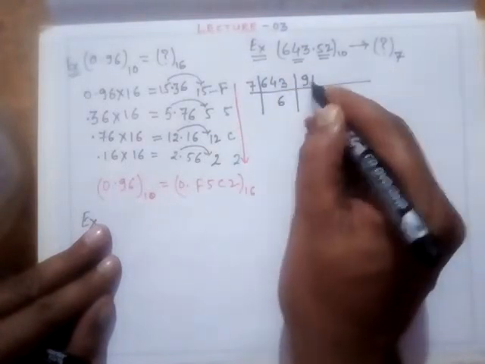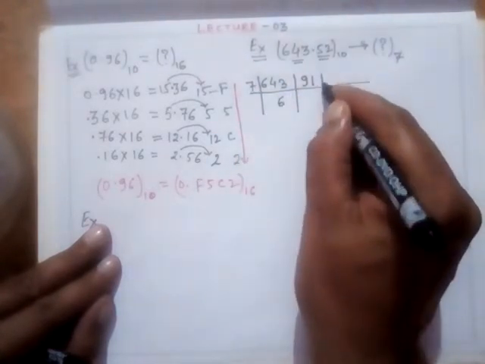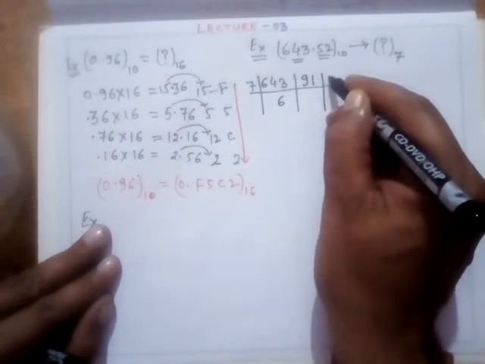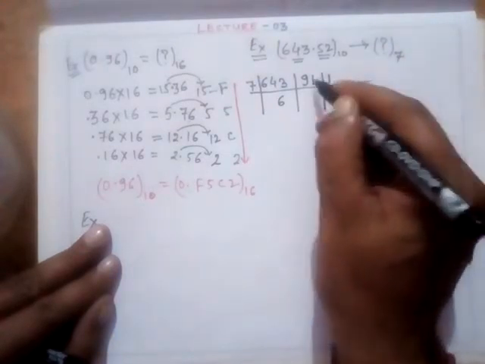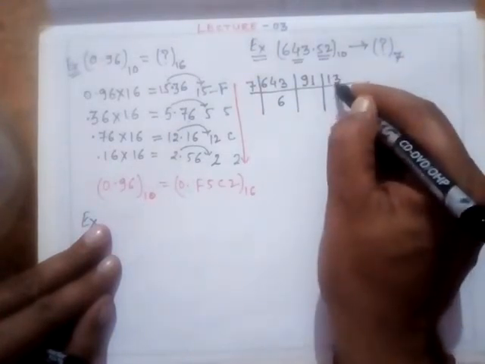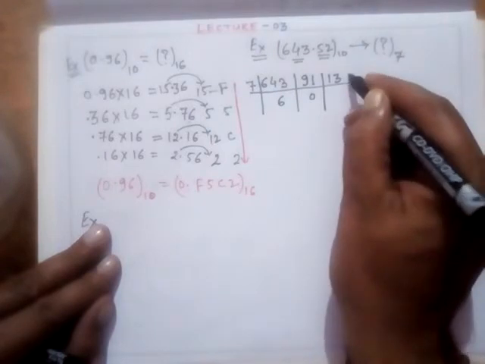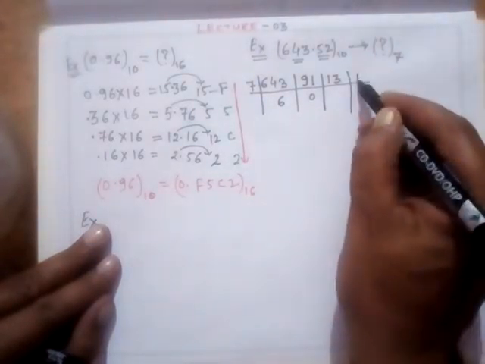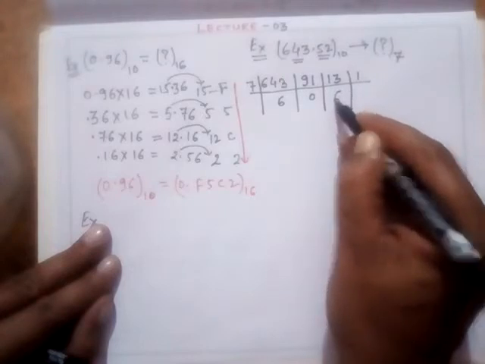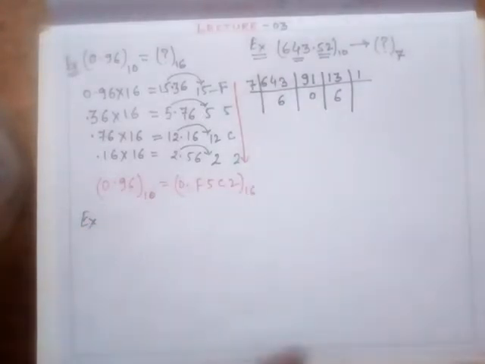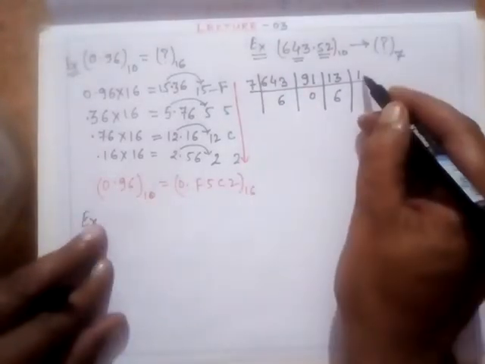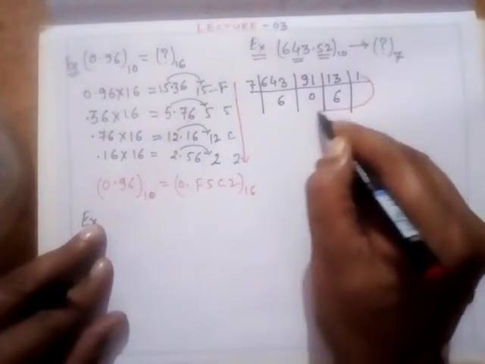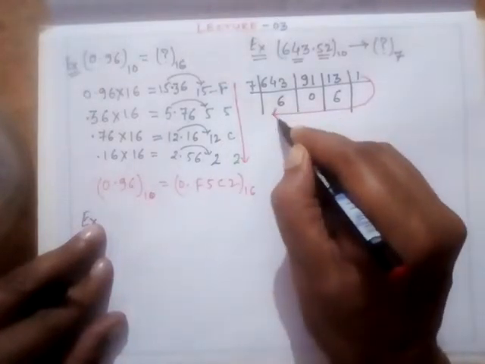Now I divide 91 again by 7. 7 1s are 7 and 2, 7 3s are 21, remainder is 0. Further, I divide this by 7. 7 1s are 7, remainder is 6. Now this 1 is less than 7, so I stop here and write this in reverse order.